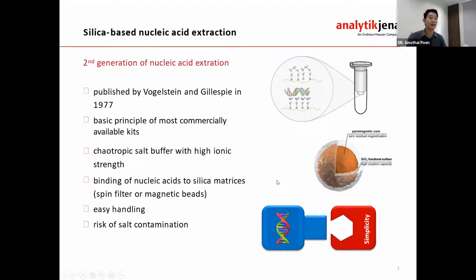The technology provides ease of handling. However, there is a risk associated with salt contamination due to the use of high salt chaotropic buffer to promote DNA binding.